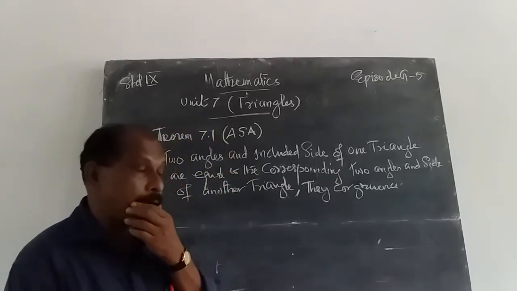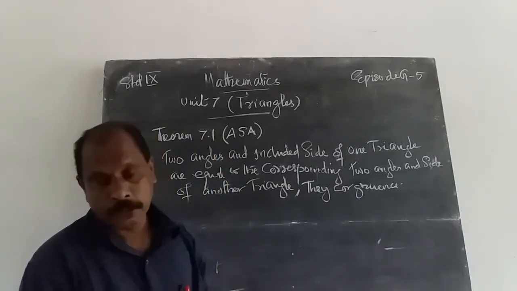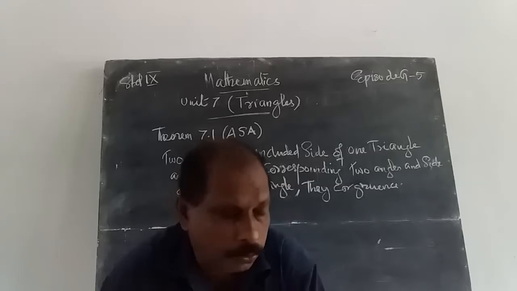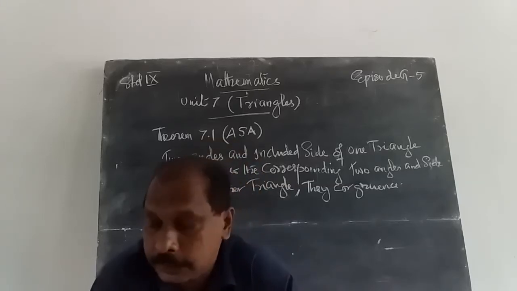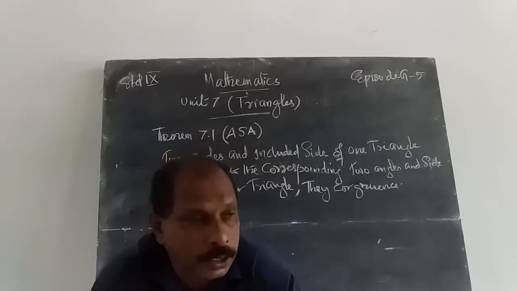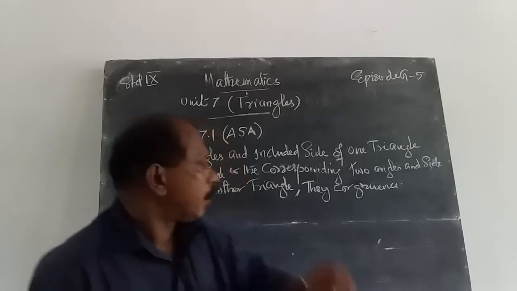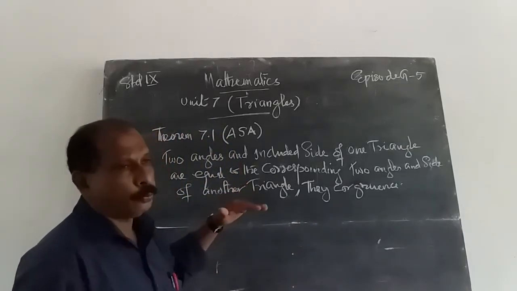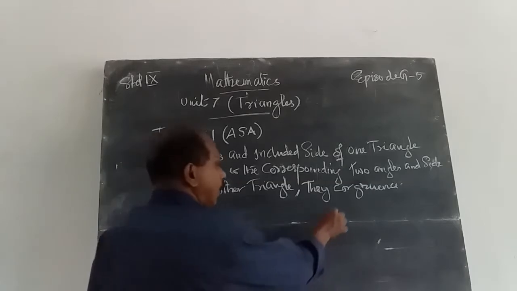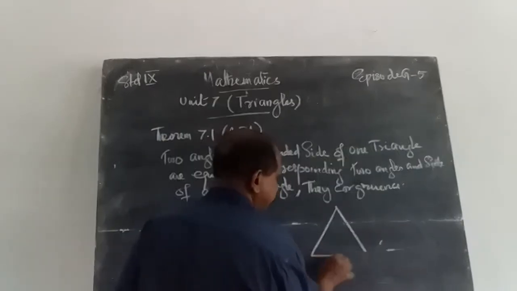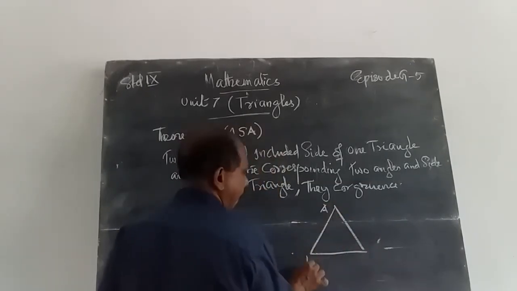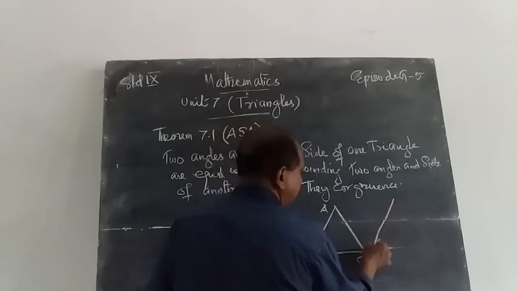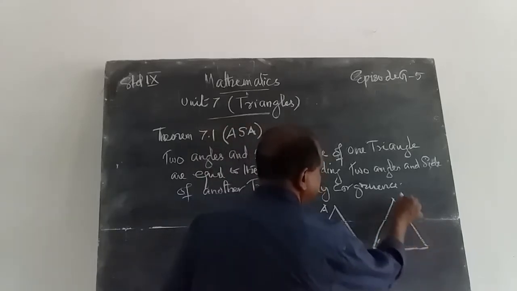That means two angles and included side of a triangle are equal to the corresponding two angles and included side of another triangle, they are congruent. Then the illustration, there is no proof for that one. The illustration is: consider two triangles ABC, triangle PQR.